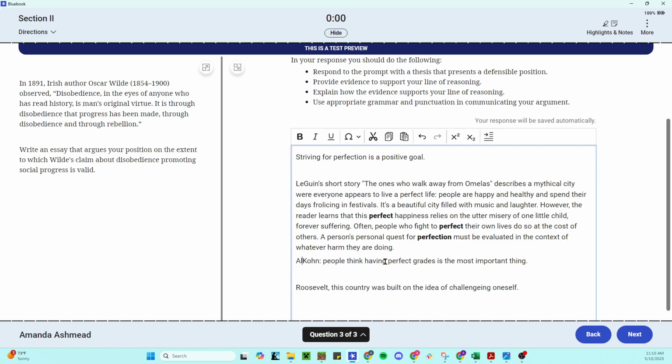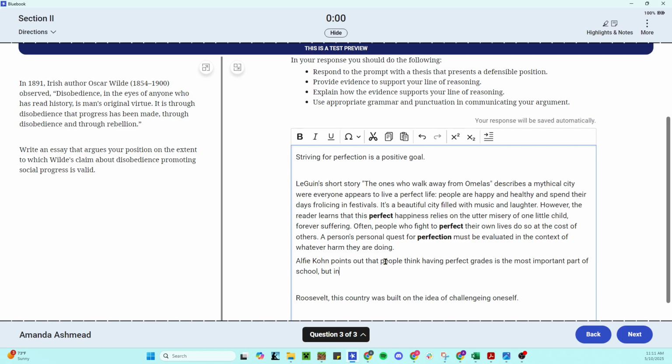And then I've also got Alfie Kohn. So I might say, Alfie Kohn points out that people think having perfect grades is the most important part of school, but in reality that hurts their learning.